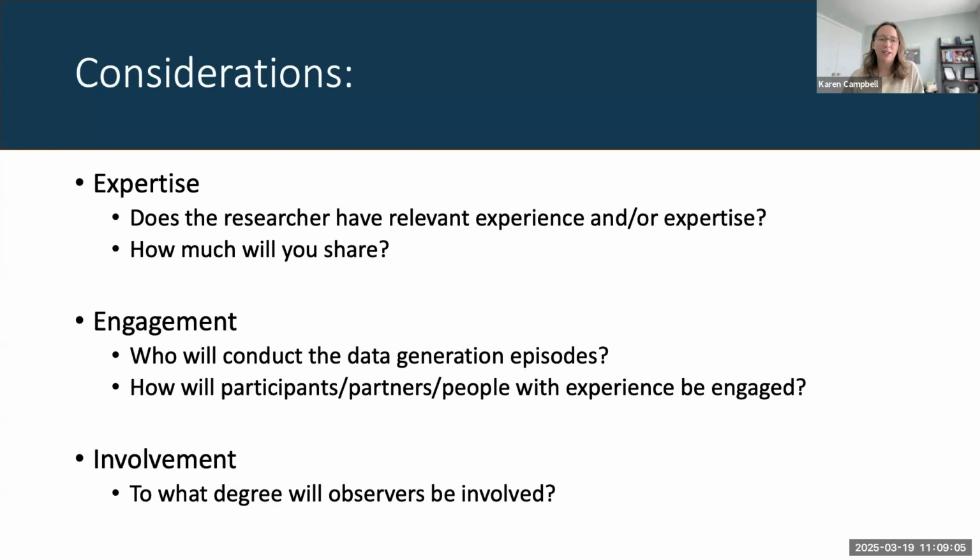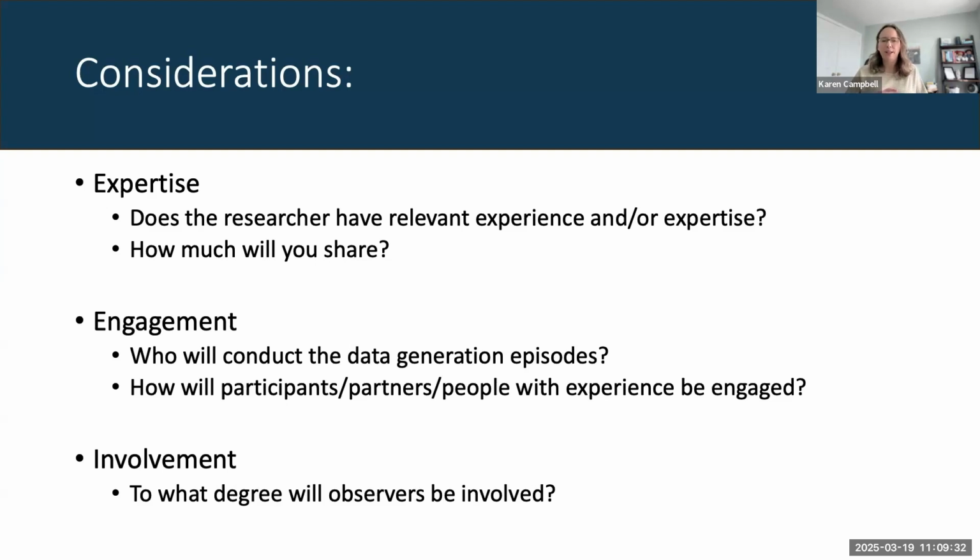And when you think about things like the relevant experiences, so does the researcher have some sort of personal tie to this? So oftentimes we might see, I work in the area of violence against women, and oftentimes there are women who have themselves experienced violence that are doing this work, or have experienced childhood maltreatment.